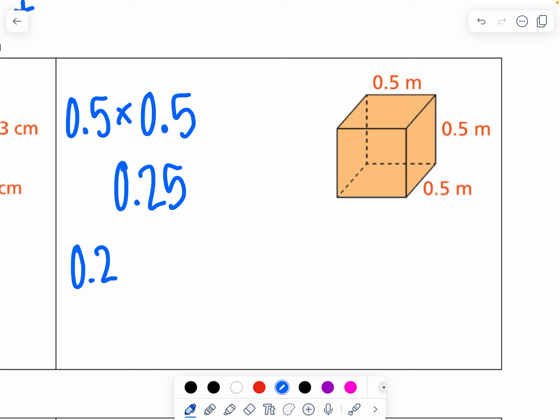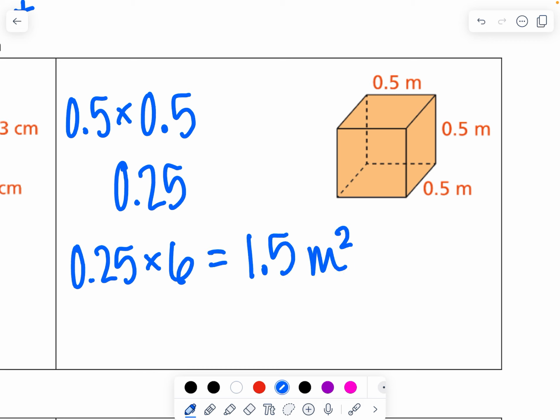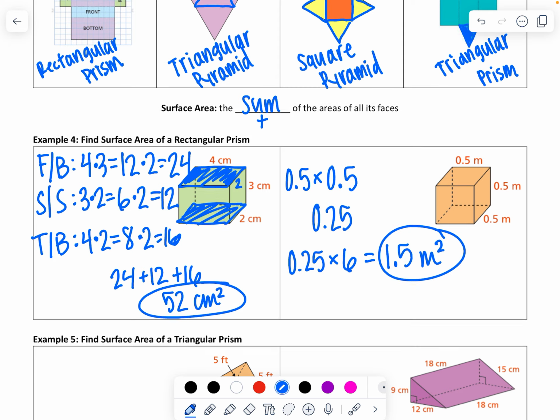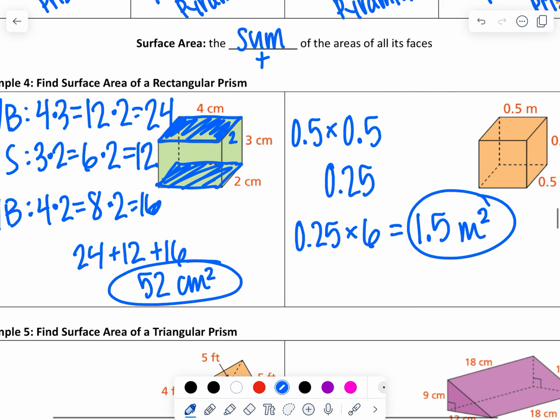So I would do 25 hundredths times 6. And you would get 1.5, and it would be meters squared. That would be your answer. So remember, cubes are an easier one because all 6 faces are the same. So those are rectangular prisms and cubes.